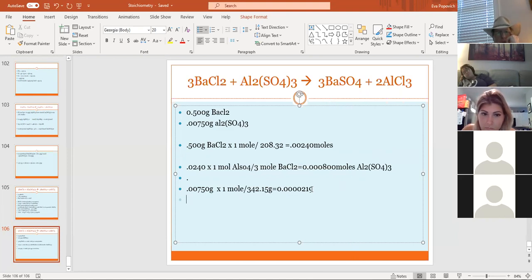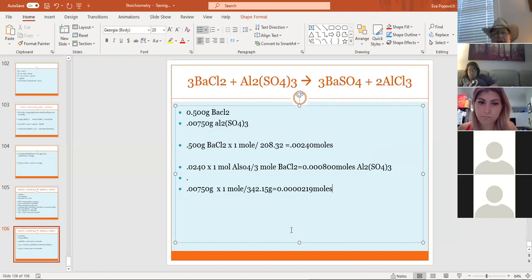Do I have enough aluminum sulfate to react with all of the barium chloride? No. So which one's my limiting reagent now? Aluminum sulfate. All right. So if the one you picked is not the correct one, it's not the limiting reagent, then you have to start to do the problem over again. In this instance, my aluminum sulfate is going to be my limiting reagent.